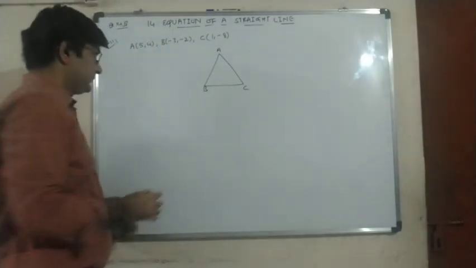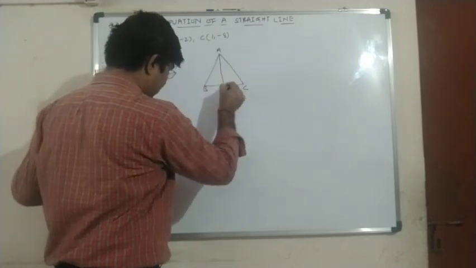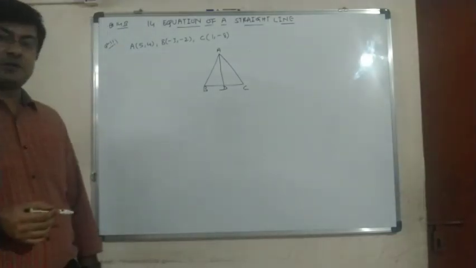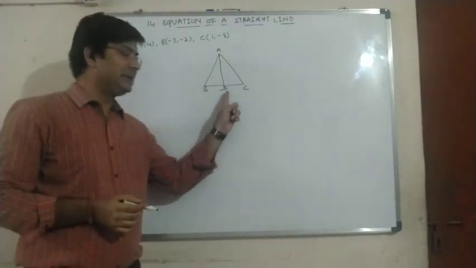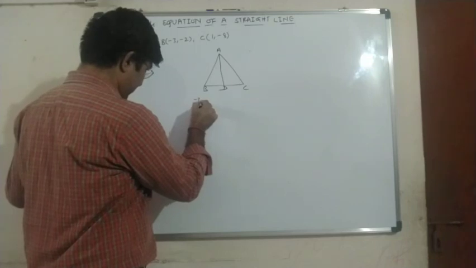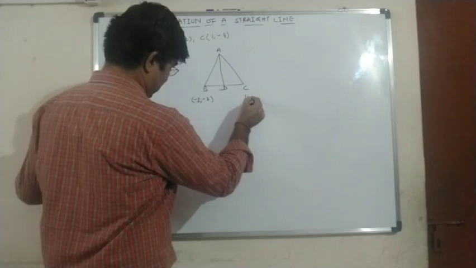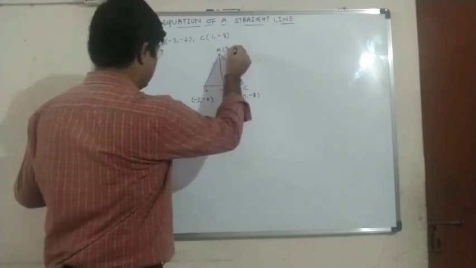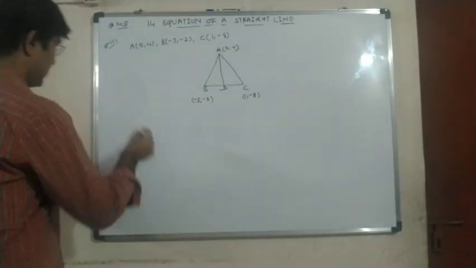Okay, this is triangle ABC. Clear? Median AD is given. So now we know what the median AD is: the line segment joining a vertex to the midpoint of the opposite side. So it means that D is the midpoint of BC. So we can calculate the coordinates of point D using the midpoint formula. Yes or no? Okay, so let us do that first.